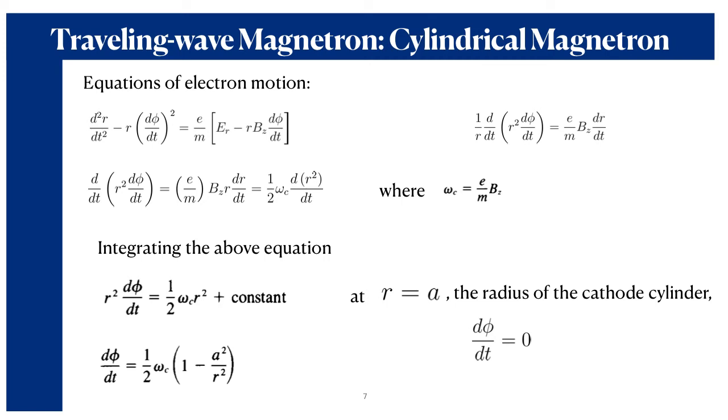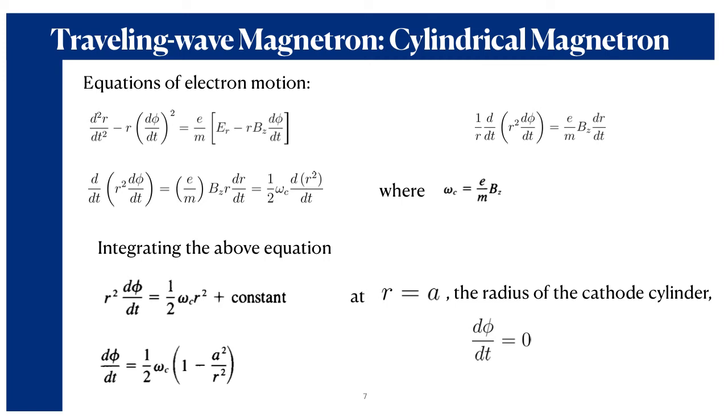So integration gives me r square d phi/dt equals half times omega c times r square plus a constant. This constant is coming due to the integration, and we can easily find it by the boundary condition.